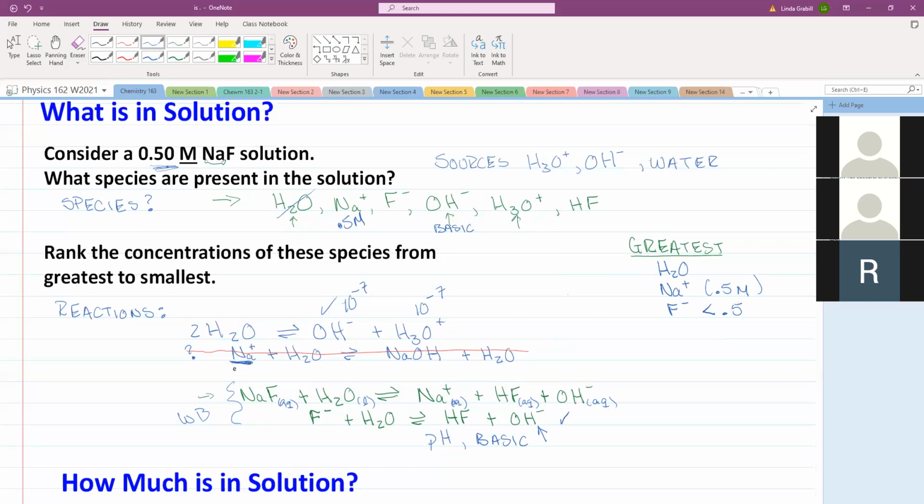And in a lot of cases we do, because the change to that is going to be relatively small. So I am going to have close to the 0.5, but not 0.5. So I am going to have this basic reaction going on. So now we have our sodium and our fluorine. What about hydroxide, H3O plus, and HF? Which one do you think is going to come next?